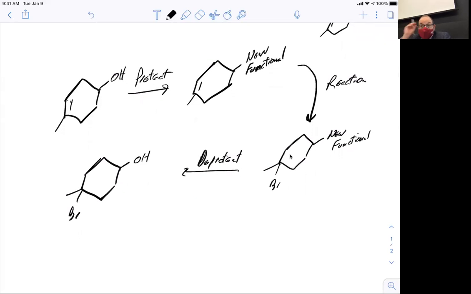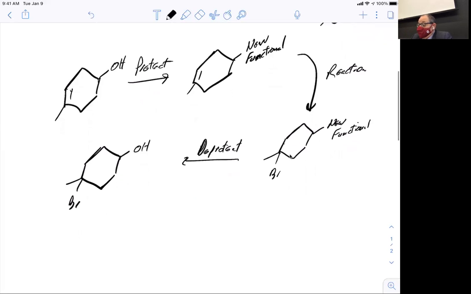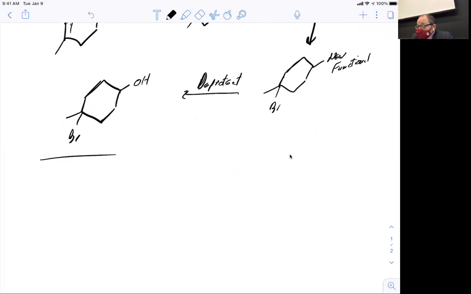Good protecting groups are easy to put on and easy to take off, meaning they have a high yield reaction to put them on and a high yield reaction to take them off. There are several, but the one we'll focus on is silyl ethers.